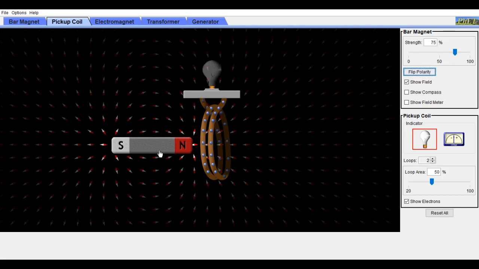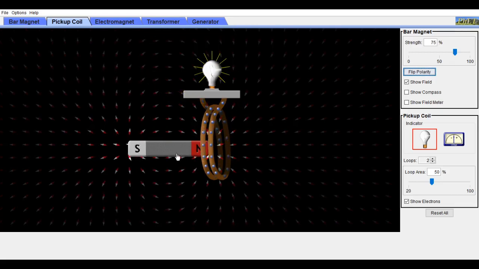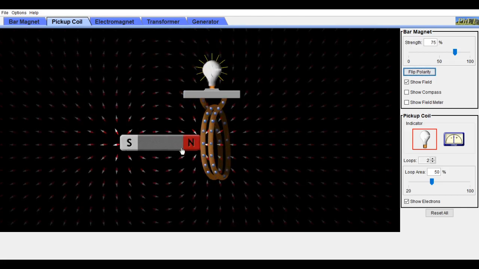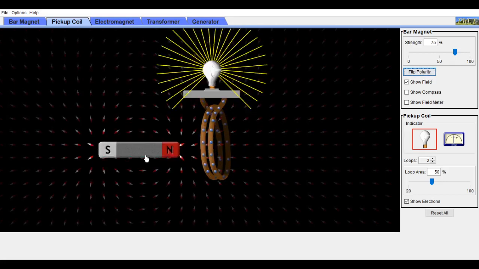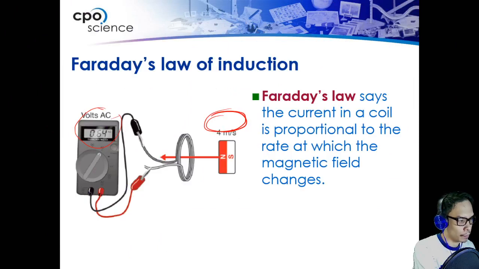But if I move this at a greater rate of velocity, it produces a greater amount of current and voltage. Moving the magnet regardless of what pole it is, moving it faster creates a greater amount of electricity. So there you go.